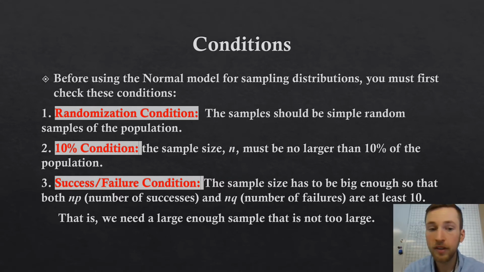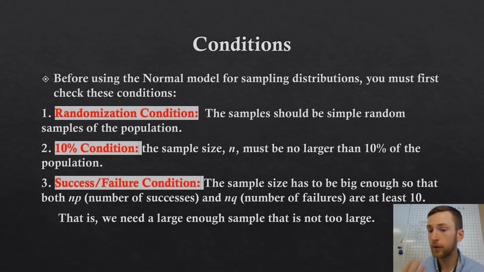And then our third condition is the success failure condition. And this is actually what's going to verify that we have a big enough sample, okay? So the 10% condition says we want it to be not too big. Success failure says that our sample can't be too small, okay? So what we have to have here is that the number of successes and the number of failures within our sample has to be at least 10, okay?